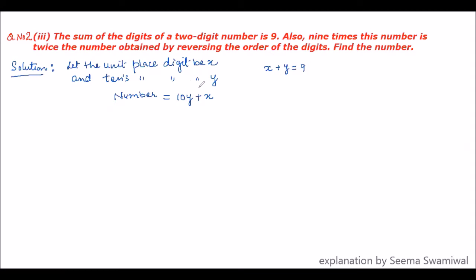And to make the second equation: 9 times this number, the number you have already obtained, 9 times this number is twice the number obtained by reversing the order.